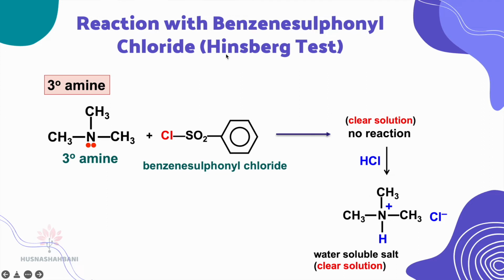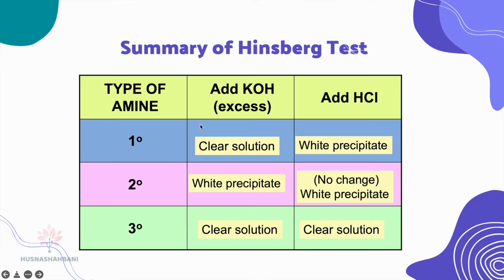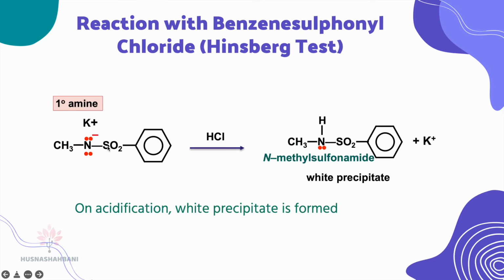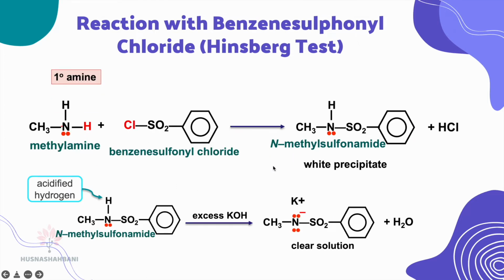So if we do Hinsberg test to the different classes of amine, we will get different observation. For primary amine, after addition of KOH, clear solution.